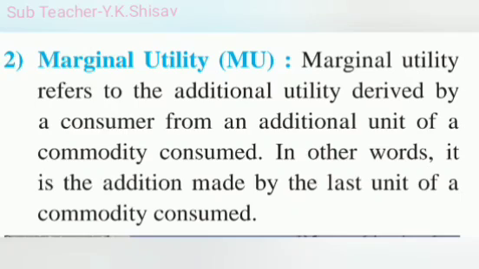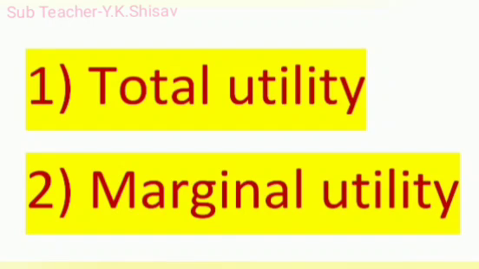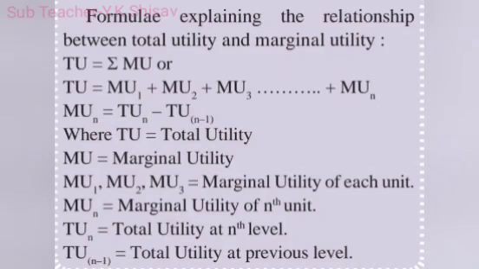See students, in simple words, total utility refers to the sum of utilities derived from the consumption of all the units of a commodity. And marginal utility refers to the utility derived from the consumption of the last unit of a commodity. Total utility symbolically, TU is equal to sigma MU, or TUn.